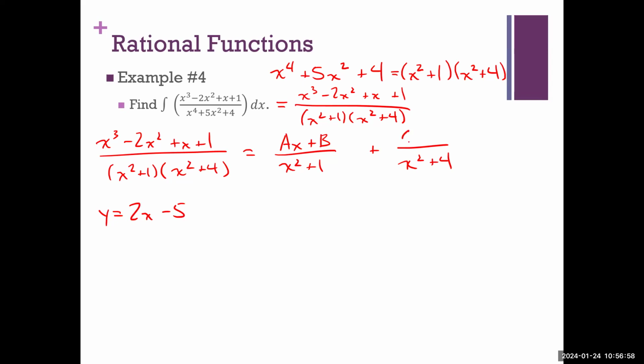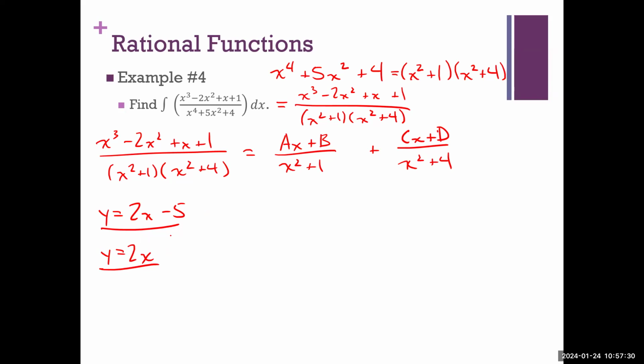Right, every single unknown I have to call by a different name. But a line is a first degree polynomial, right? If it's first degree, it better have an x term. It might have a constant term, it might not. But y equals 2x minus 5 is a first degree polynomial, so is y equals 2x.